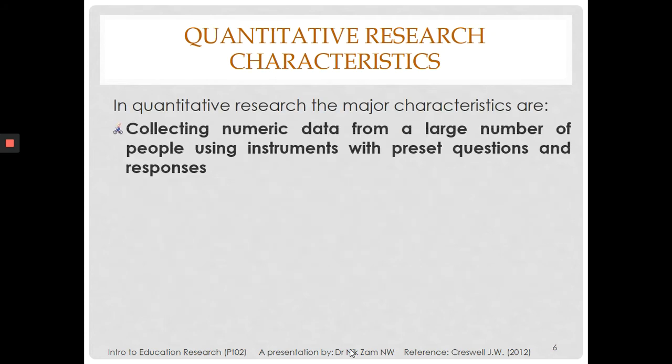Next, if you are doing quantitative research, you are collecting numeric data from a large number of people using an instrument with preset questions and responses. So this is what you have practiced previously when you used your Google form. You distribute it to a larger number of people.